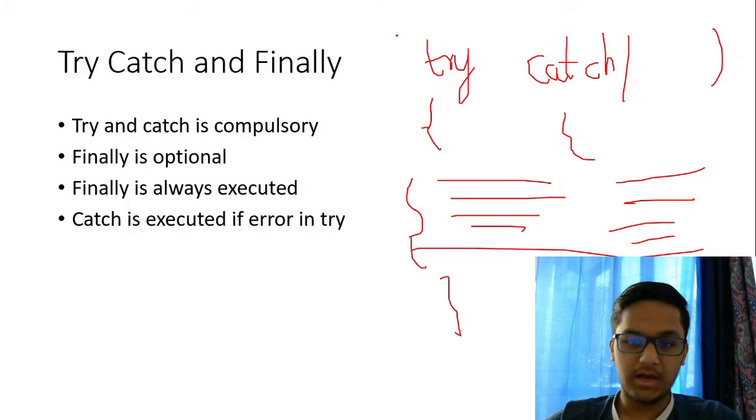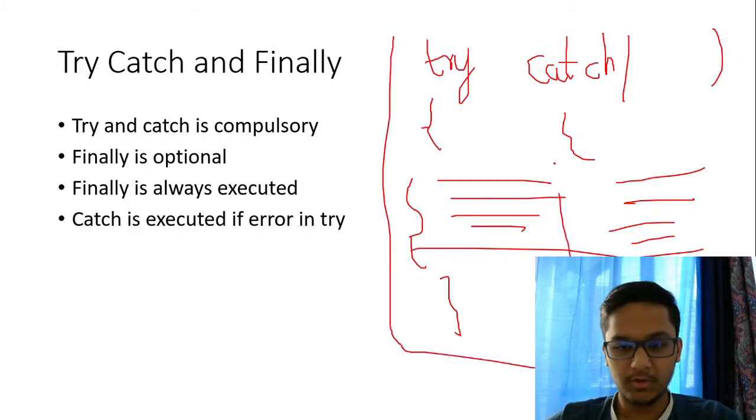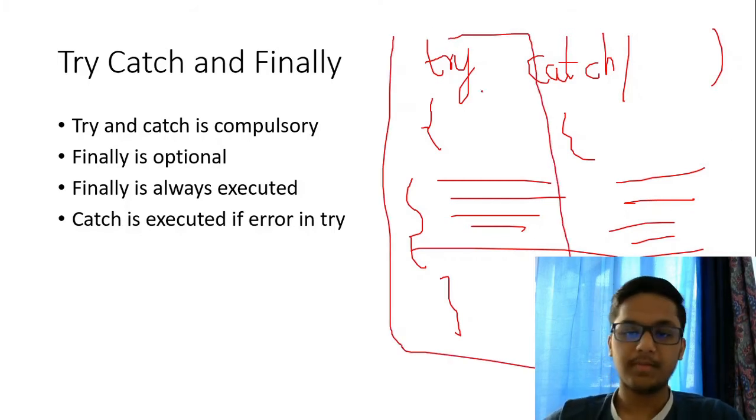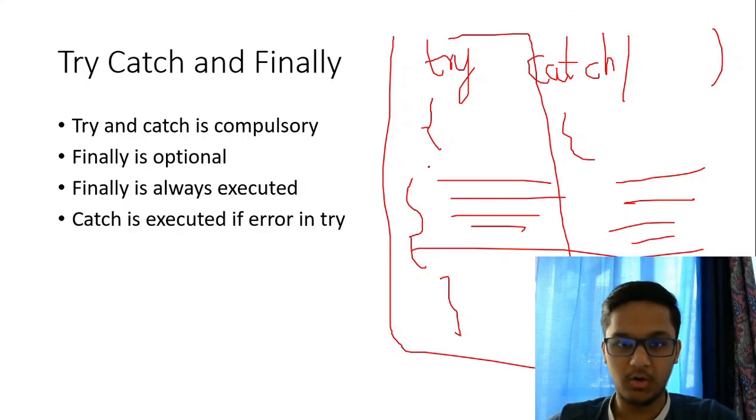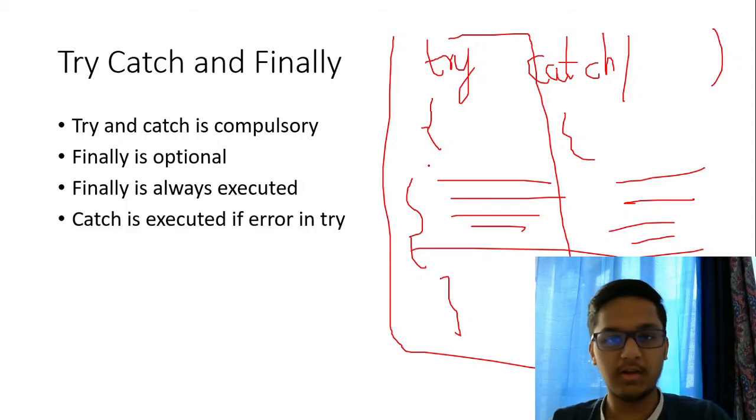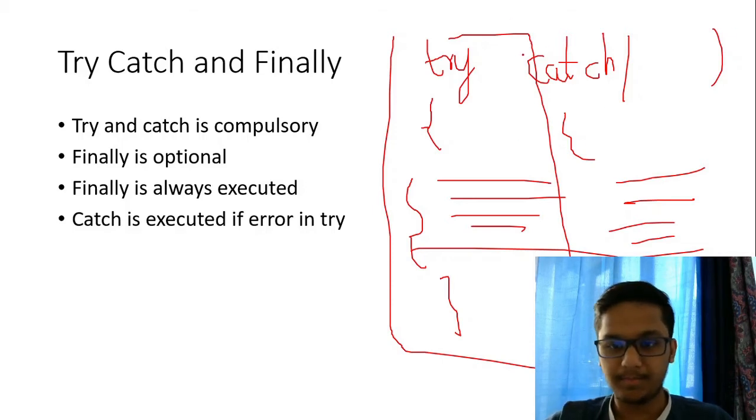Now let's say this is the try block over here, and this is the catch. If I encounter a runtime error in this try block, the control will be transferred to the line of code in the catch block. Now, how is this decided? So this is the basic thing of a catch.